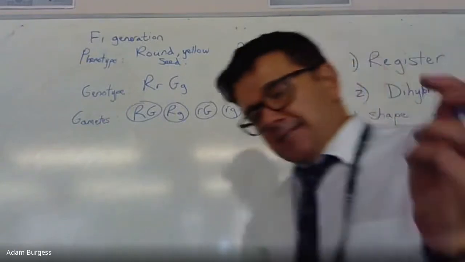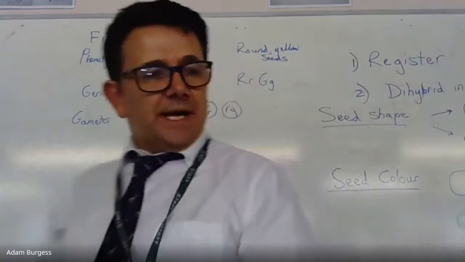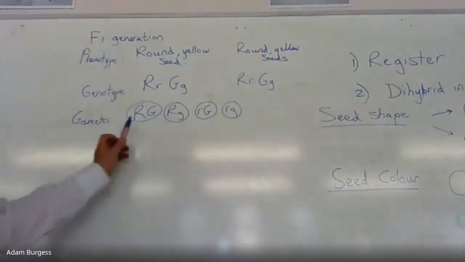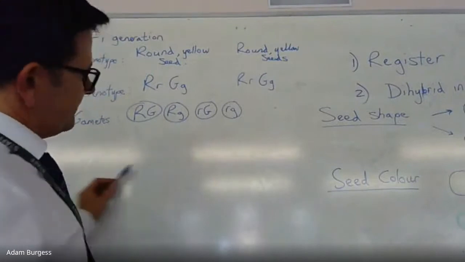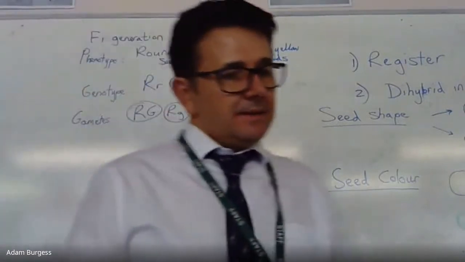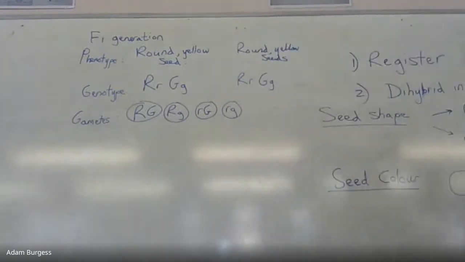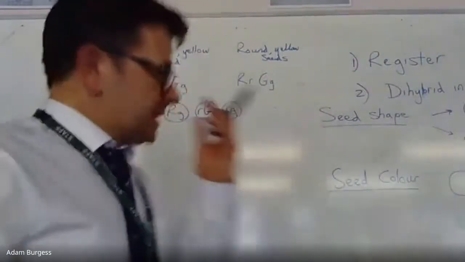The question is how big is your Punnett square going to be? So how many squares are going to be in your Punnett square if you've got 4 on one side and 4 on the other? How many potentials are there? Put it in the chat box. Yeah, it's 16. So it's 4 times 4.